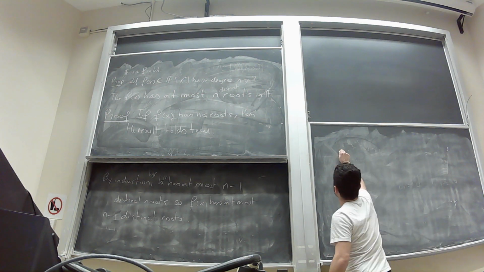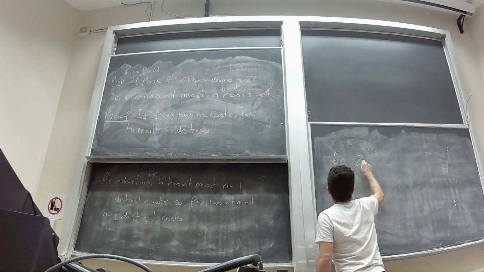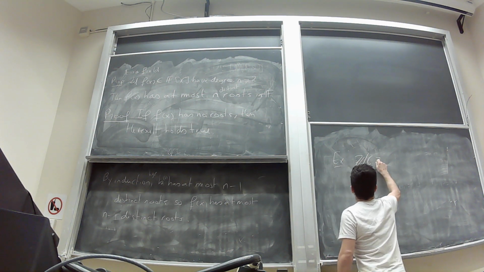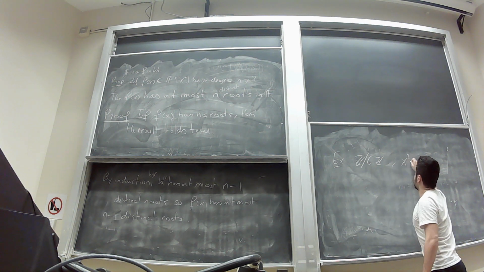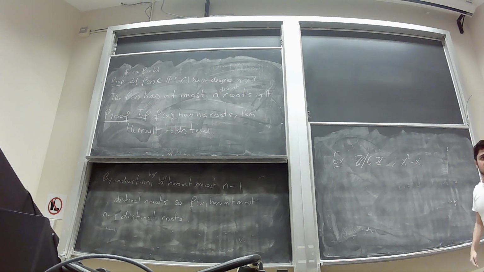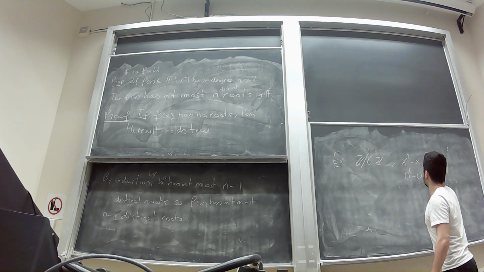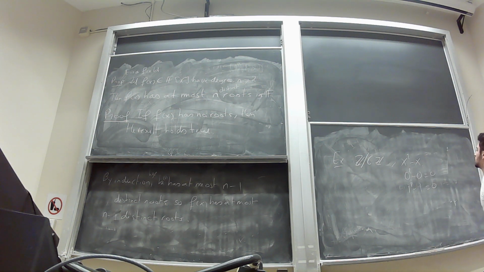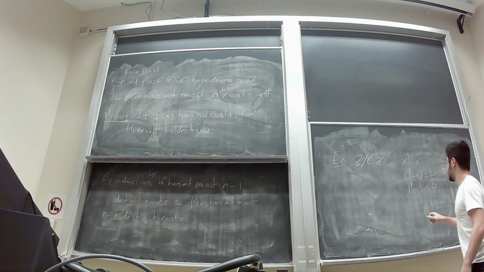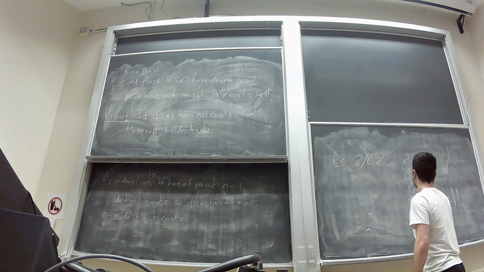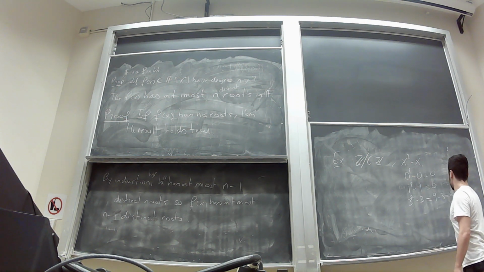For example, take x squared minus x. 0 is a root, right? 0 squared minus 0 is 0. 1 squared minus 1 is 0. 2 squared minus 2, 4 minus 2. 3 squared minus 3, 9 minus 3 is 6, which is 0.